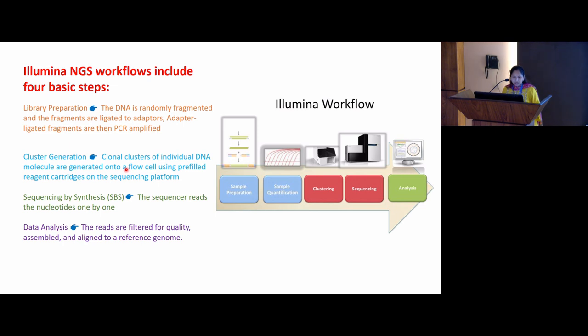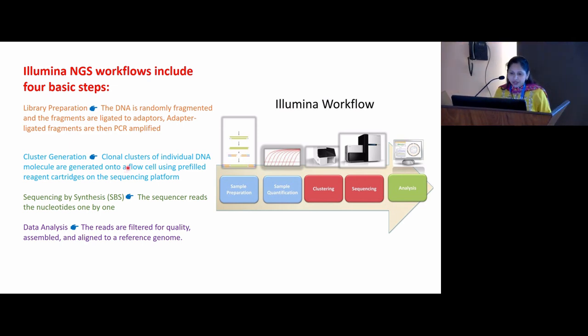During cluster generation, which takes place inside the instrument, clonal clusters of individual DNA molecules are generated on a flow cell using pre-filled reagent cartridges on the sequencing platform. In the sequencing by synthesis method, the sequencer reads the nucleotides one by one, and during data analysis, the FASTQ files generated after the sequencing run are filtered for quality, assembled and aligned to a reference genome.